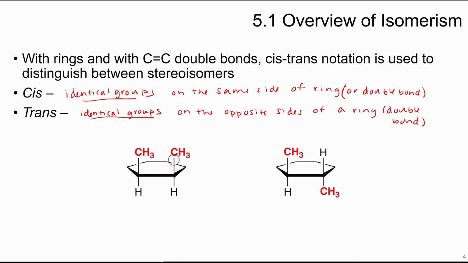So in this case, the CH3s are on the same half of the ring. So this is cis. This is trans. So this would be a cis-1,2-dimethylcyclohexane. And this is trans-1,2-dimethylcyclohexane.